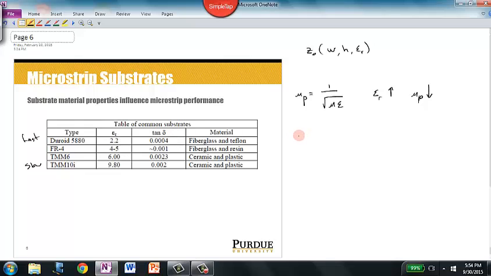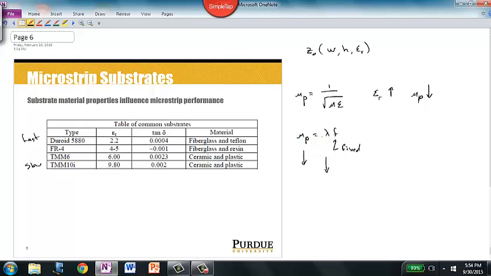Additionally, since the propagation velocity is equal to the wavelength times the frequency, and f is fixed by the signal source, either the transmission or the reception signal source, and if v sub p is decreasing, that means the wavelength has to decrease proportionally to v sub p.